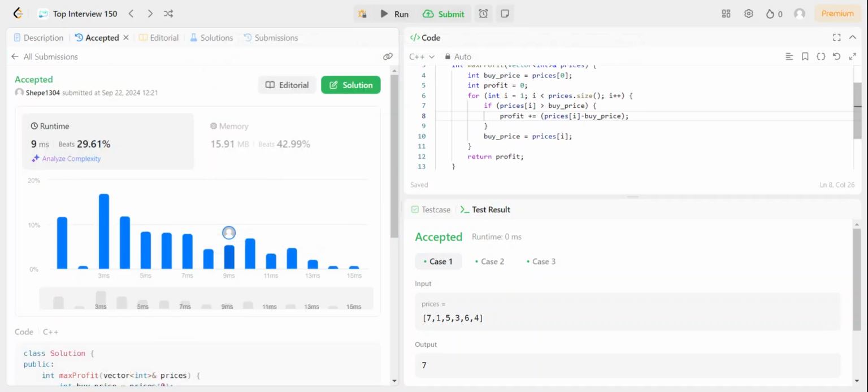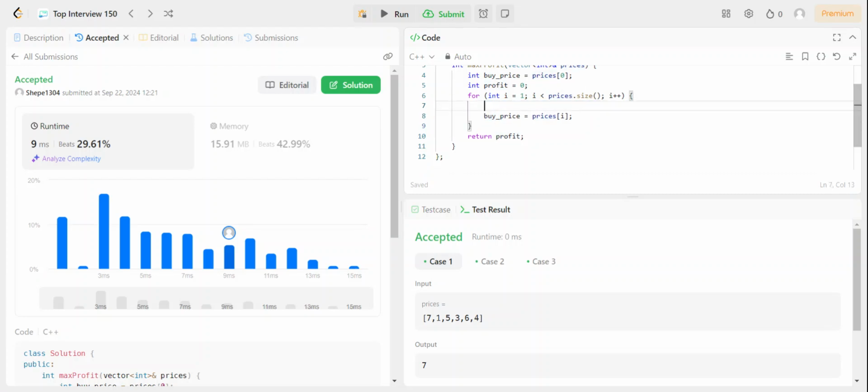Now, how can we make this better? We can see that in our code over here, the buy price always changes. So we don't really need this if statement here.